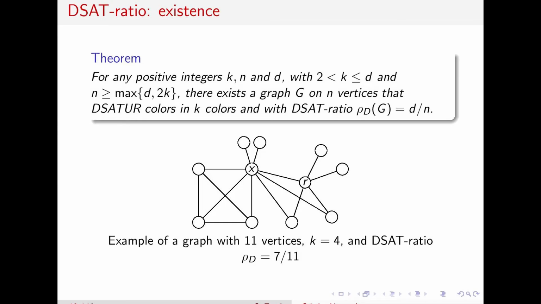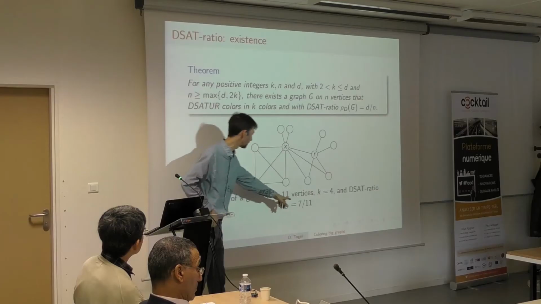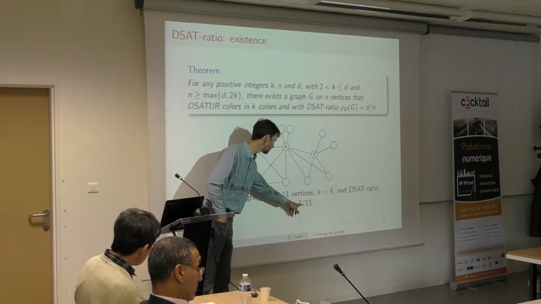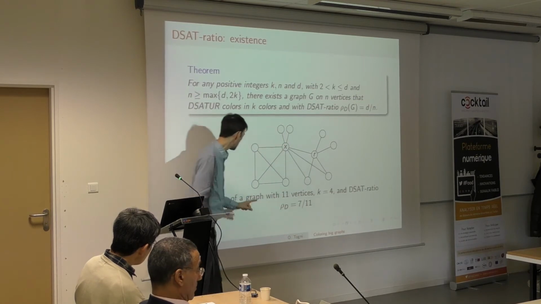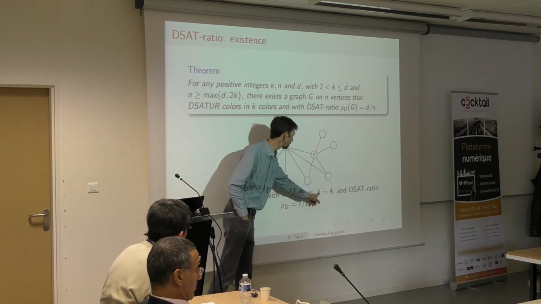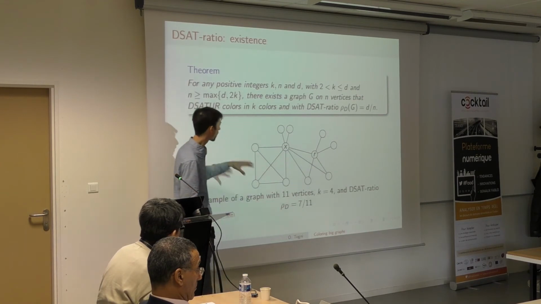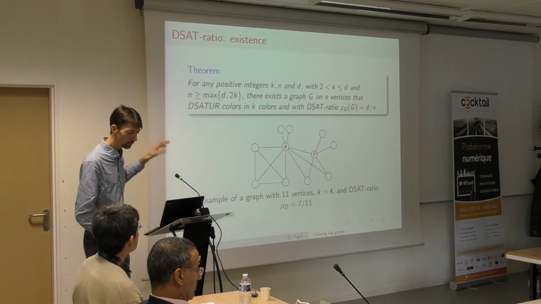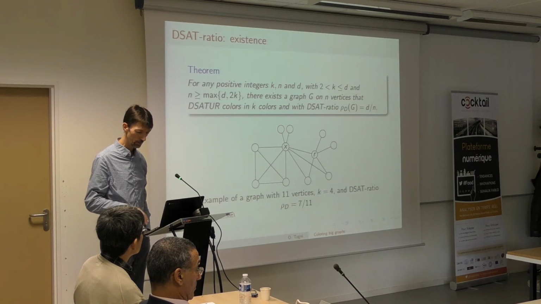Well, what can we say? It's not so hard to construct graphs with any given DSAT-ratio. So for any values here and any values of number of colors needed, we can define a graph, except for some degenerated cases.